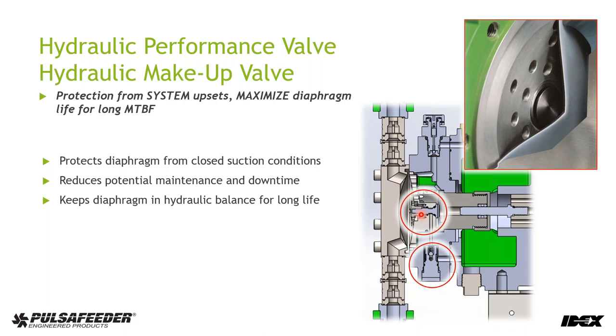So this also ensures that the diaphragm is balanced, and it's going to, in some cases, operate for millions of cycles before failure. So your pump will stay running, and there'll be minimum downtime. This should be something you don't need to worry about in your system.